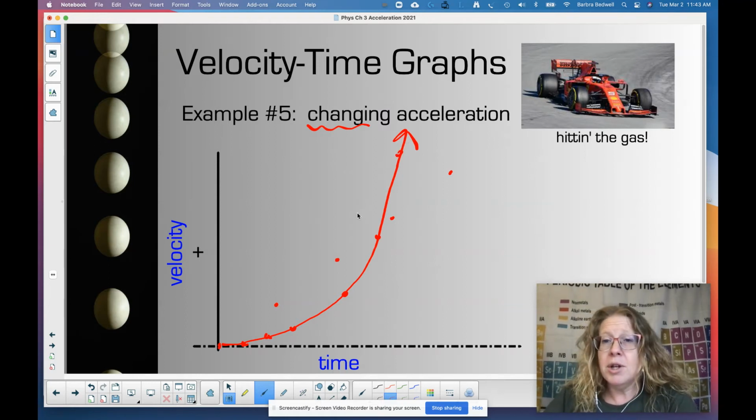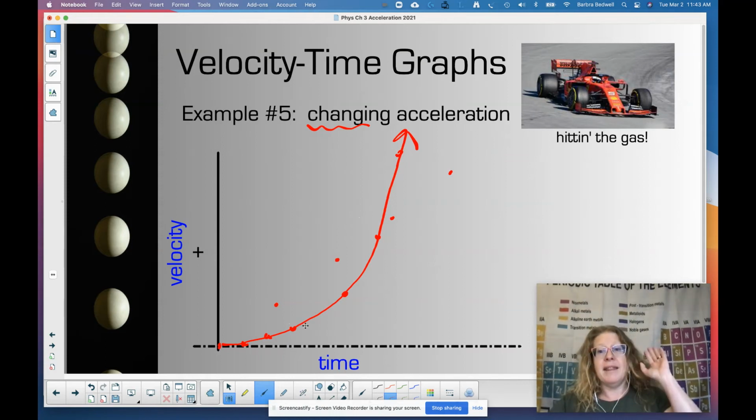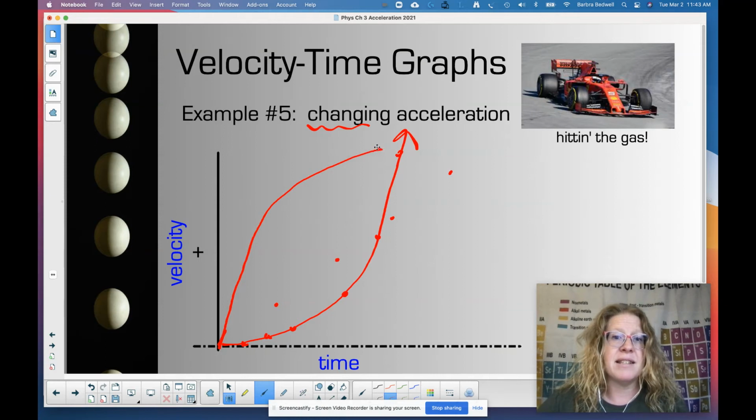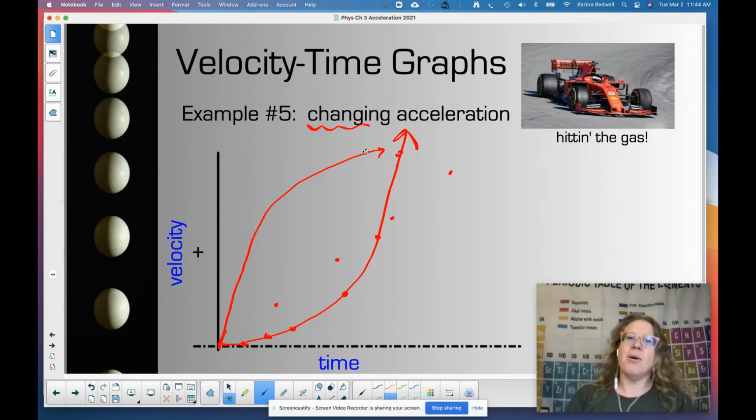Or you could hit the gas, literally pedal down, and it starts off super steep and then kind of levels out like this. This means you're getting fast super quick, massive acceleration, and then you're still accelerating, but not as quickly. Nice hair, Beto. So you can have these different changes in there.